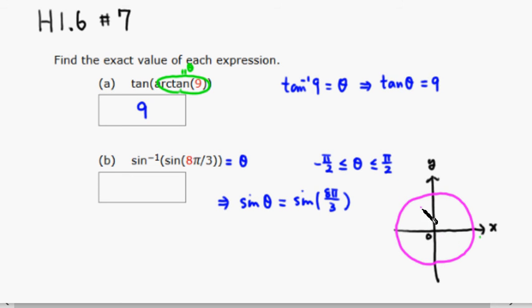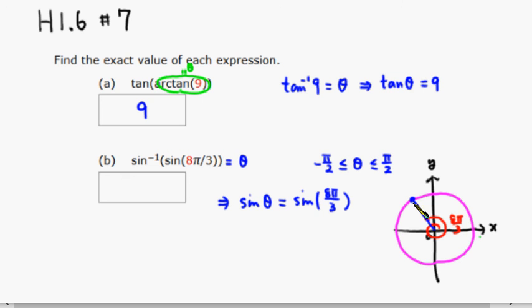Then you have 2 pi over 3 more. So this would be 8 pi over 3.